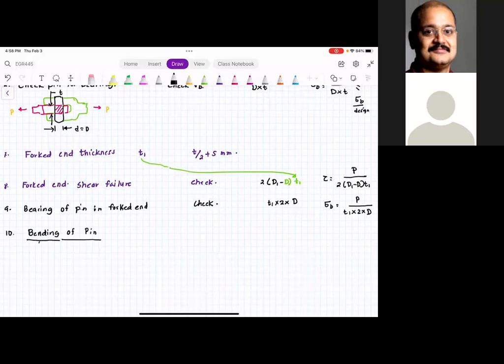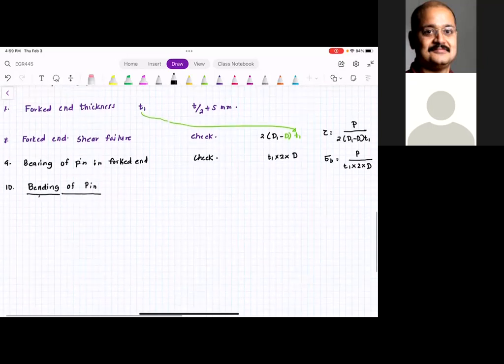If you look at the way the cotter is held in place, exactly the same way the pin is held in place. In the last class, when we designed the cotter joint, we had a rectangular cotter that we checked for bending. In the knuckle joint, instead of a rectangular cotter, we have a circular pin.